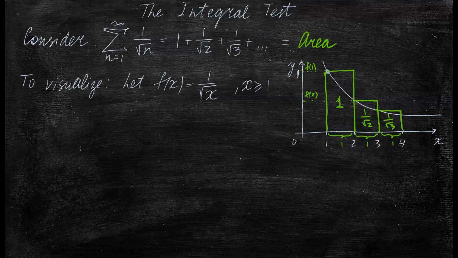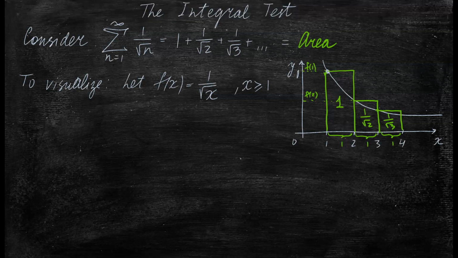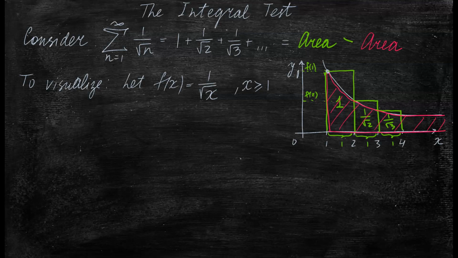And this area can be compared with this area that I'm going to draw in red. And as you can see, the green area is clearly greater than the red area.